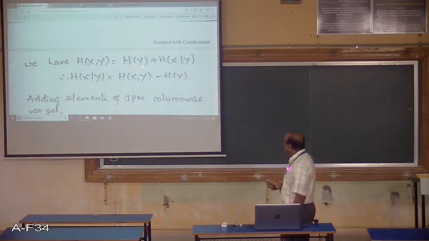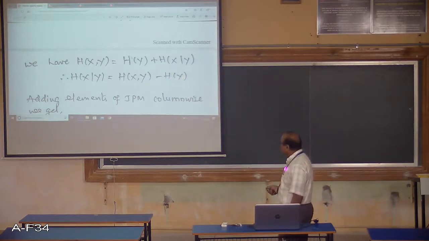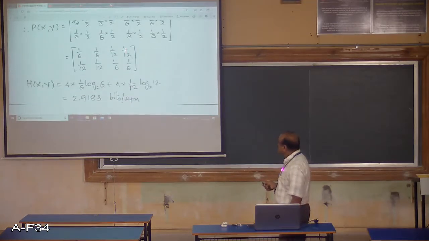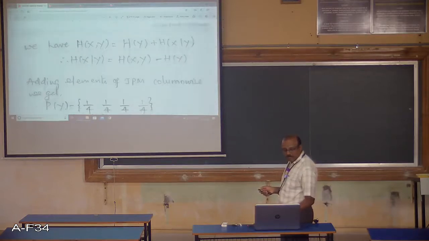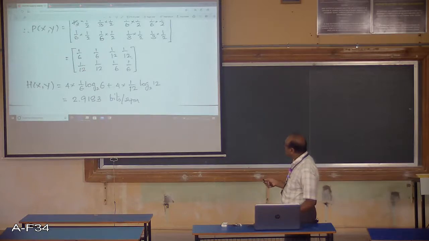H of XY is H of Y plus H of X given Y, and we want H of X given Y. So we have the joint probability matrix, the joint entropy, and we require H of Y. In order to find the entropy of the receiver, we require the received symbol probabilities, which we get using the property of the JPM, adding the elements column wise. If we add these elements column wise, 1 by 6 plus 1 by 12 will give us Y1.